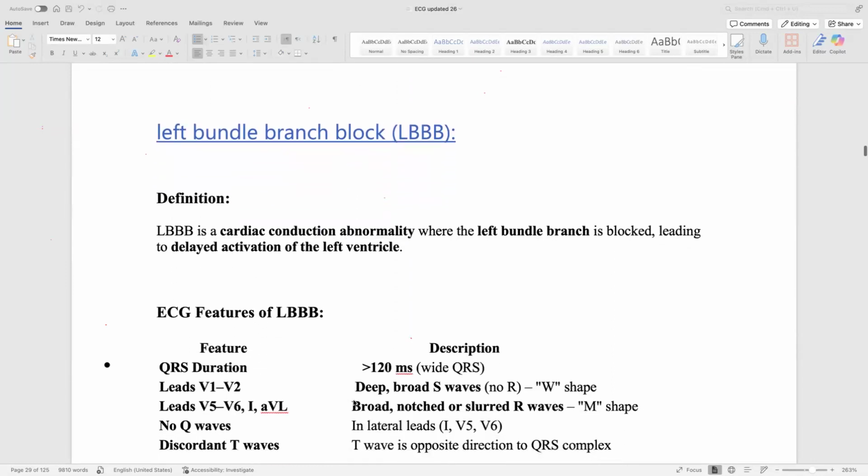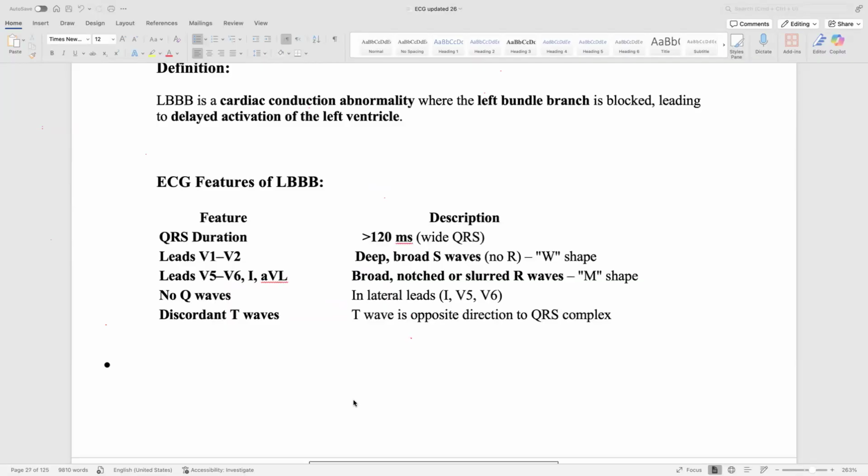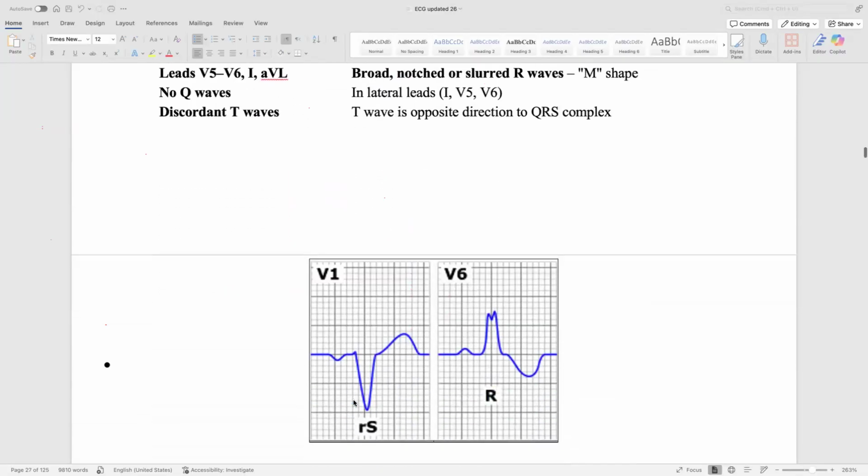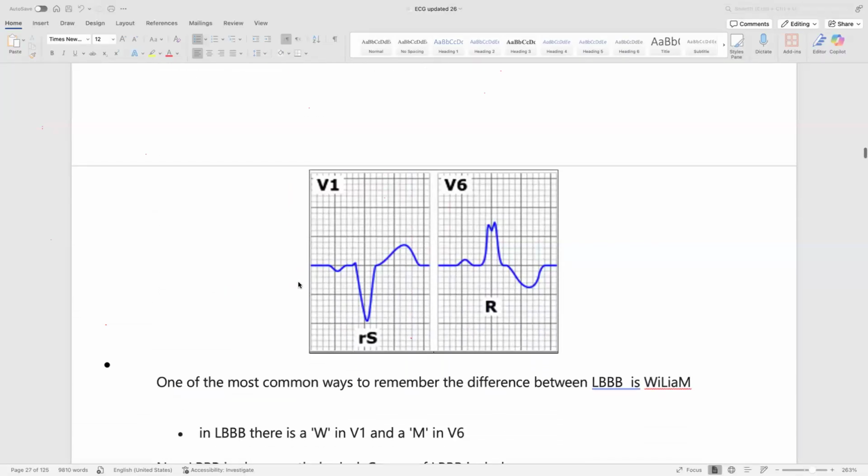Okay, left bundle we know. We discussed it. This is V1 and this is V6.